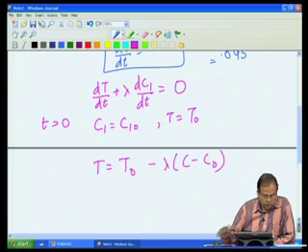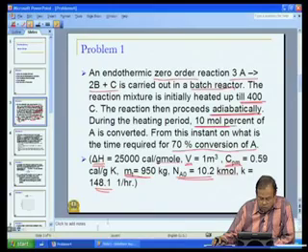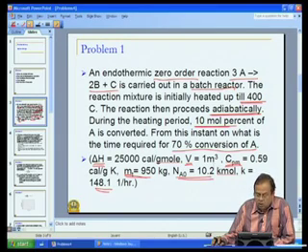Okay. Now, what was the first piece of information that was given to us? It was given to us that during the initial heating period, conversion is given. That means, we know the initial concentration, conversion is known. So, we know C0, we know C, and this time the temperature will obviously go down because it is an endothermic reaction.